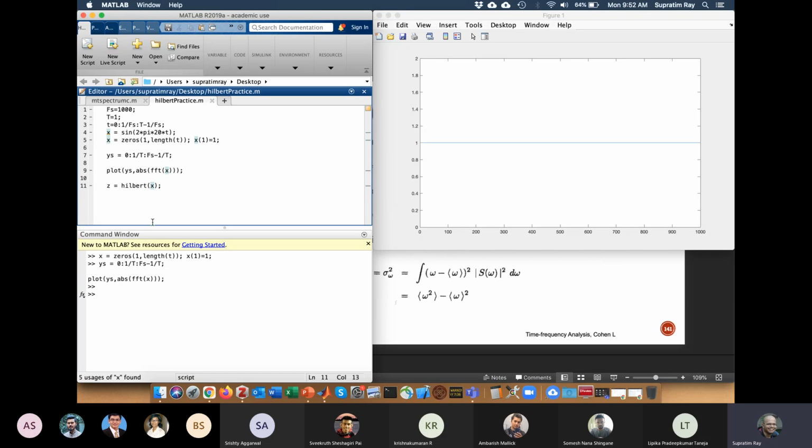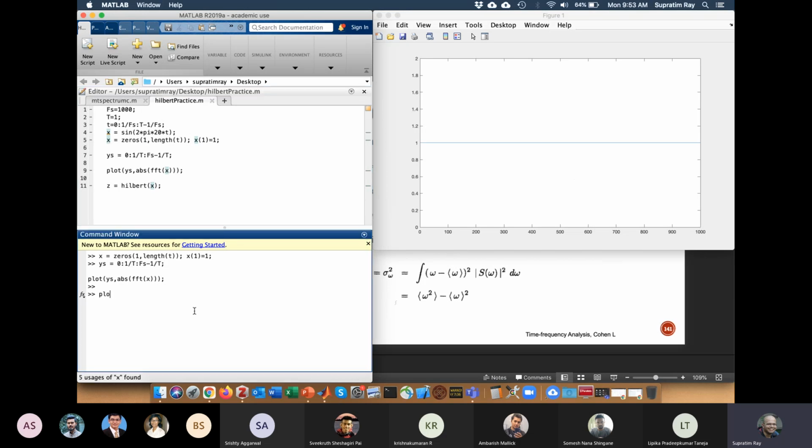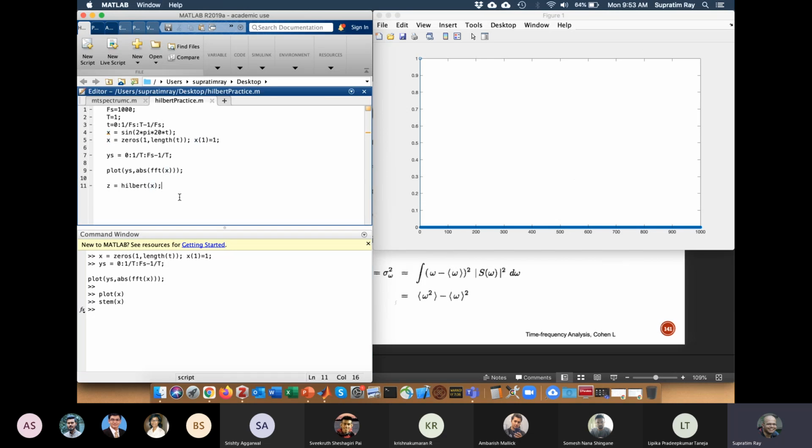It's a delta function. A signal in time domain, plot x, it's 1 and then 0 everywhere. So it's 1 and then 0. This is in the time domain. In frequency domain, it has become a delta function like this.